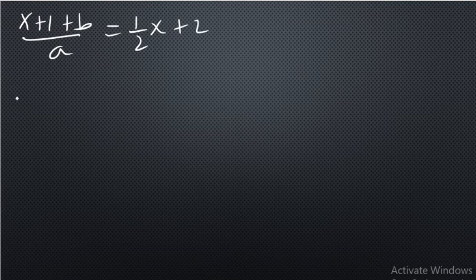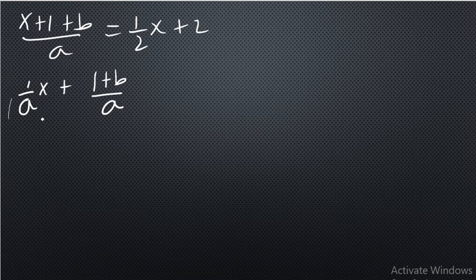That means I can write 1 over a times x plus 1 plus b, the whole over a. I can write them together because all of them are constants. Only the variable is x. You can consider ab as a constant. But I group the x's together and the other constant together, which is equal to half x plus 2.